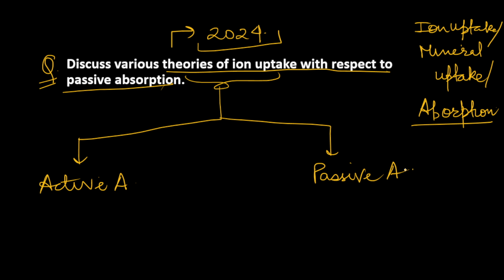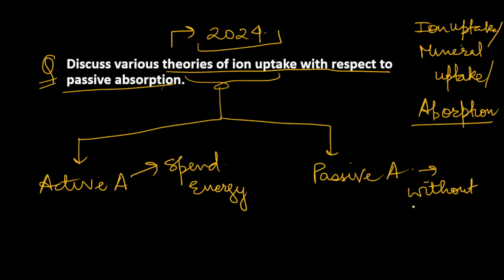We have to understand that slightly. What happens in active absorption? We spend energy in absorbing the things. And in passive absorption, there is no energy spent, that is, without spending energy. And there are various theories which are important.